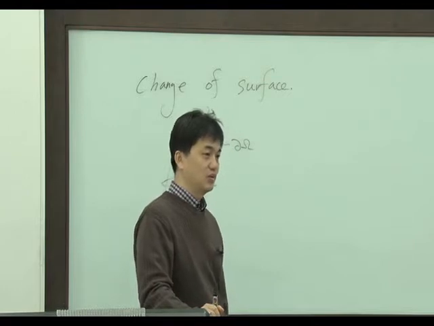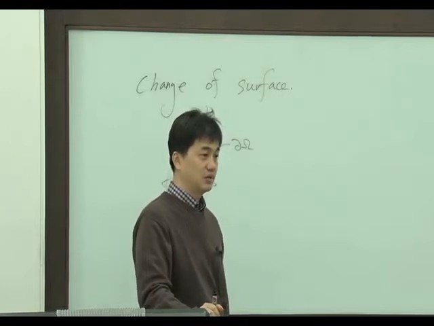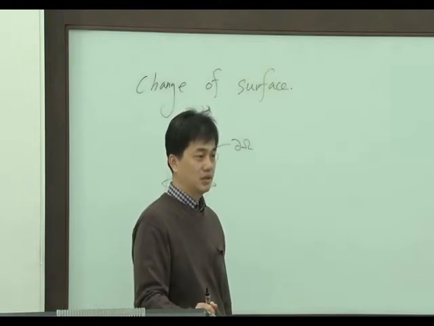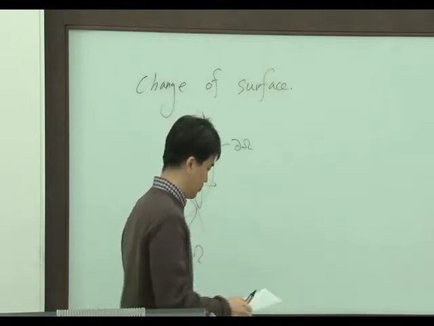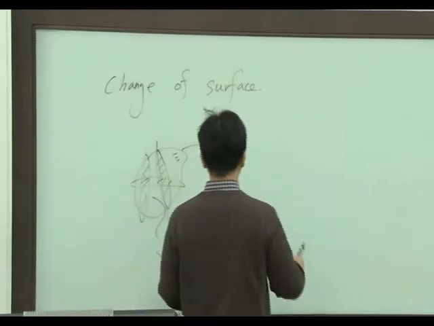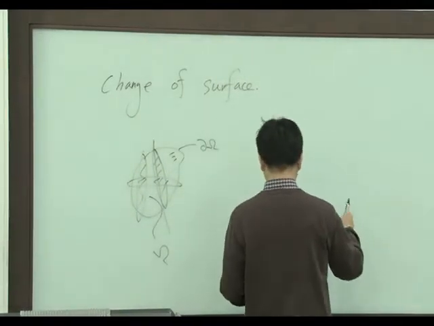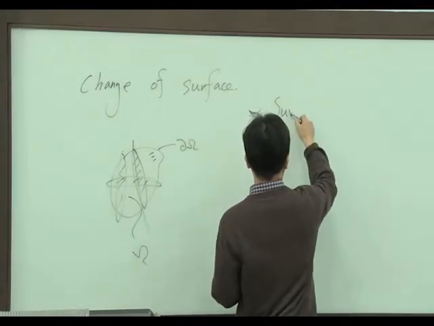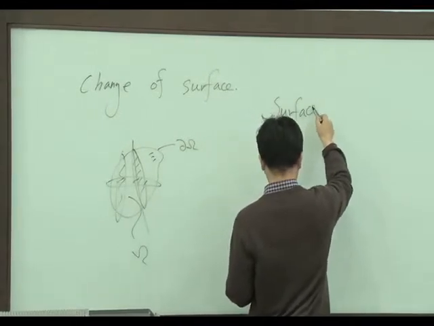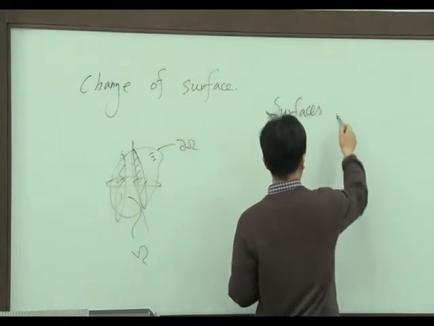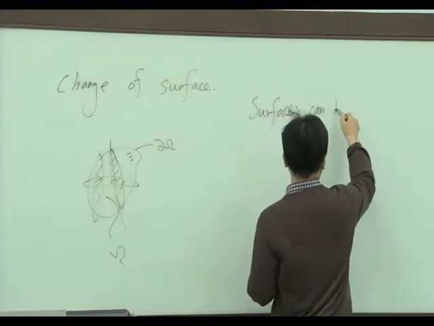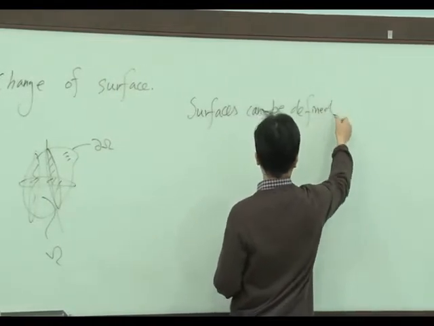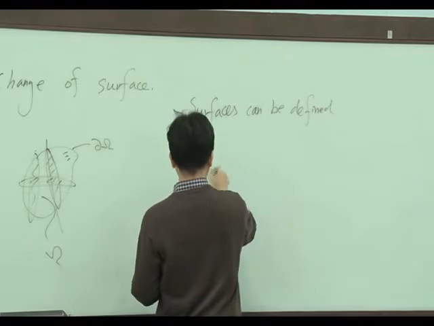So we need to think about how we can define the surface. People like to use a vector to define the surface. Surface can be defined by a vector.